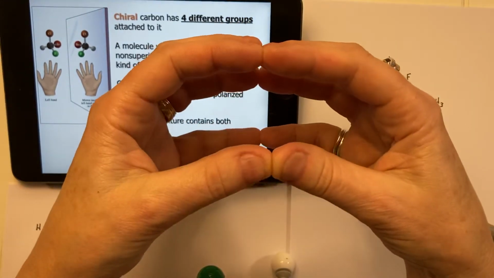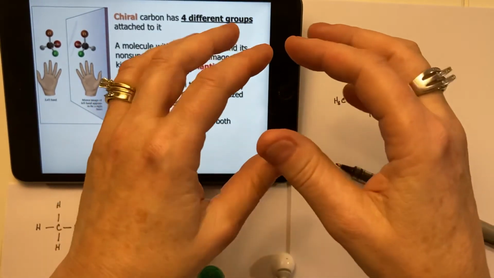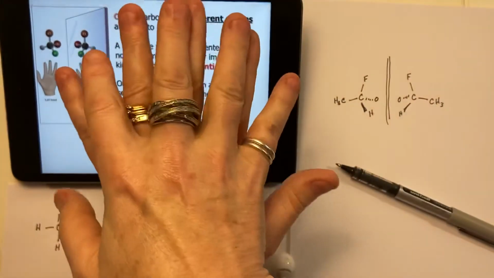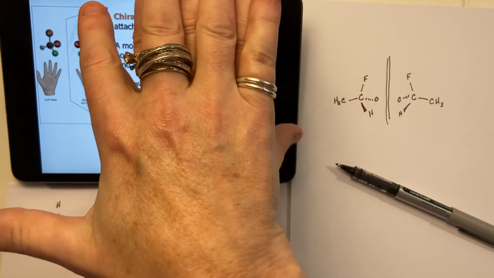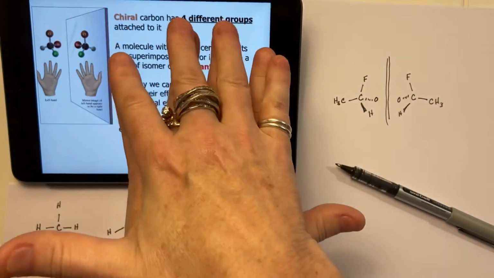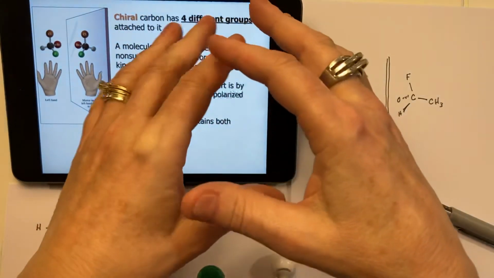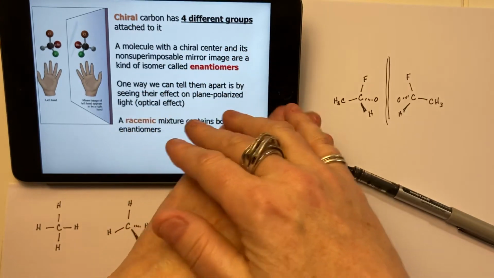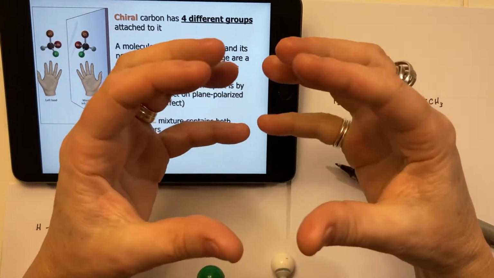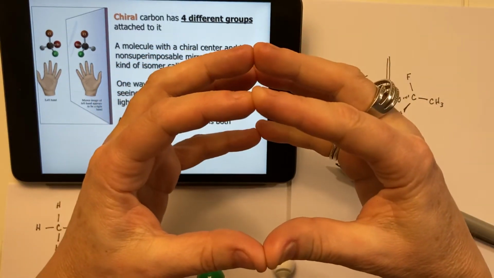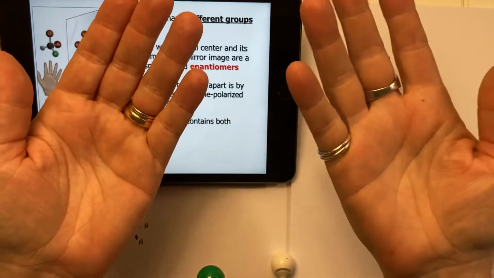There's some symmetry there, but they're not the same. You can't take one hand and superimpose it on the other and expect them to look alike. They don't. Their thumbs are opposite and you have different fingers there. So they're non-superimposable, but they do have symmetry in that they are mirror images. And so they can do different things.